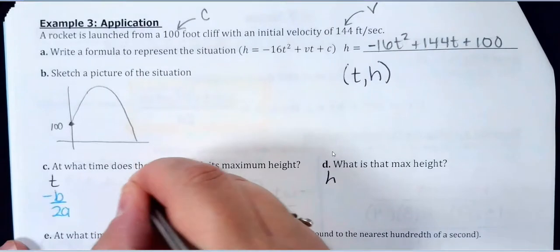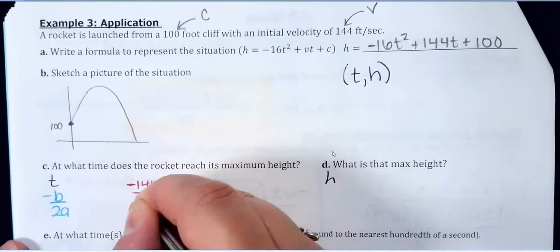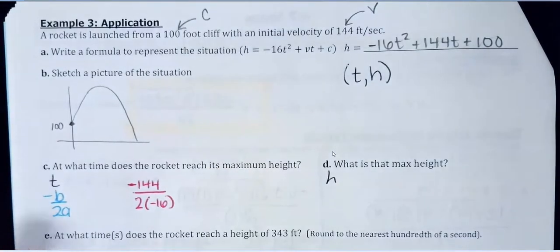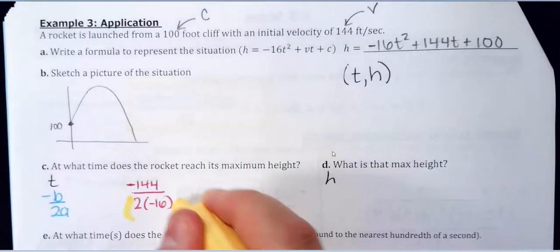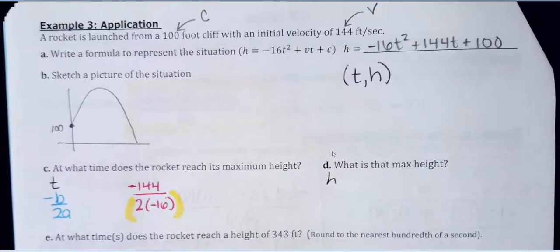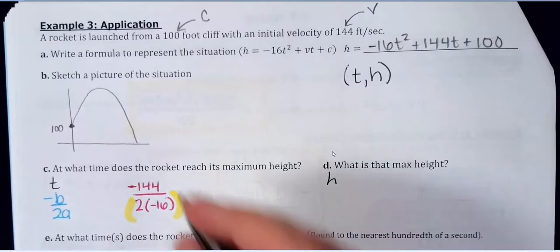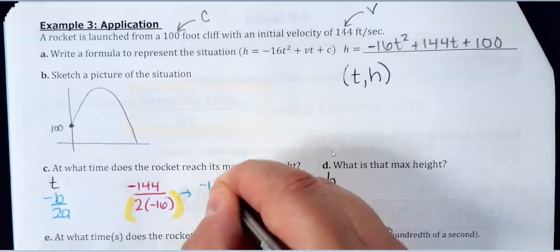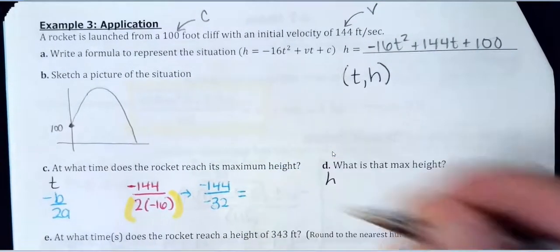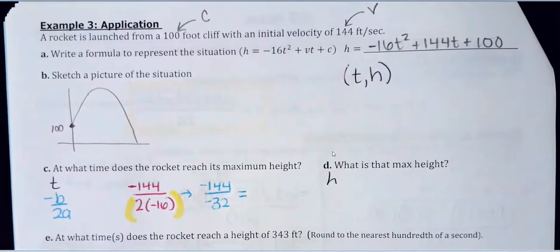So this would be negative 144 over 2 times negative 16. Now, promise me, either put parentheses around this or figure out what the bottom of that fraction is, all right? Because if you just type negative 144 divided by 2 times negative 16, you will get the wrong answer on your calculator. So if you do want to simplify this, this would be 144 over negative 32, which should give me how many seconds? 4.5, good.